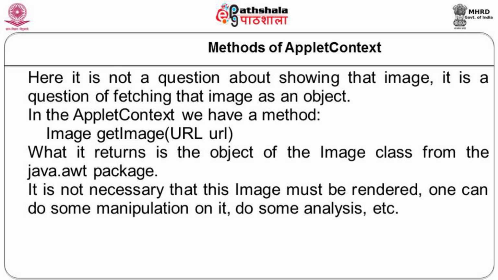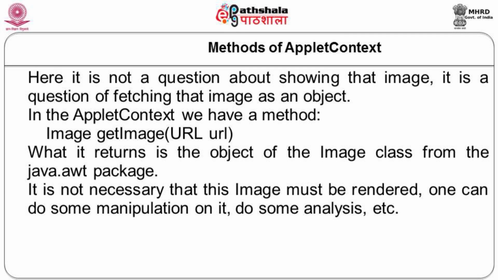So you get it as an image object, not necessarily rendered or shown somewhere. You can do some manipulation or analysis on the image, anything you want. It's up to you; you can decide to render it also if you like, and code accordingly. But getting it as an object of image is more important.